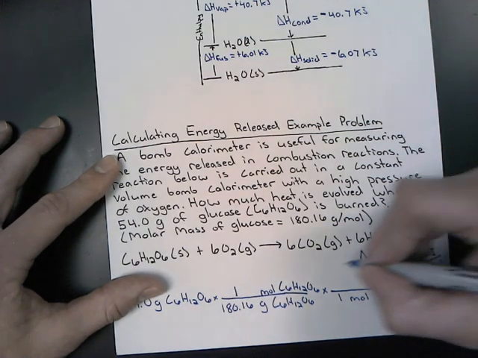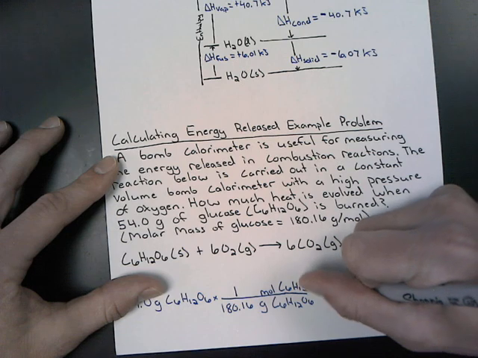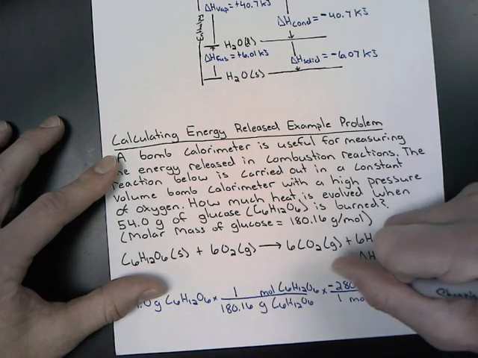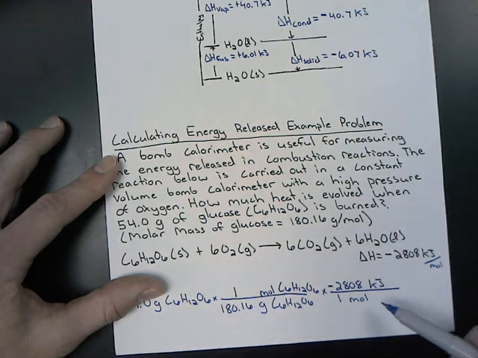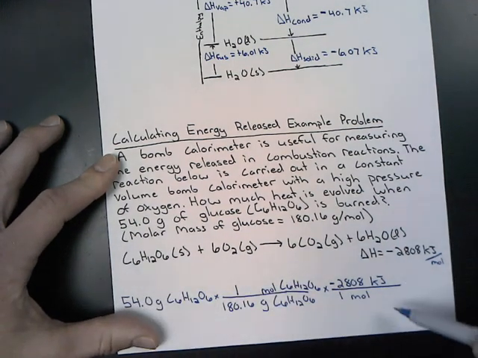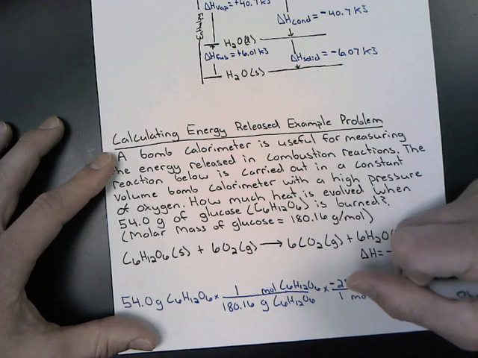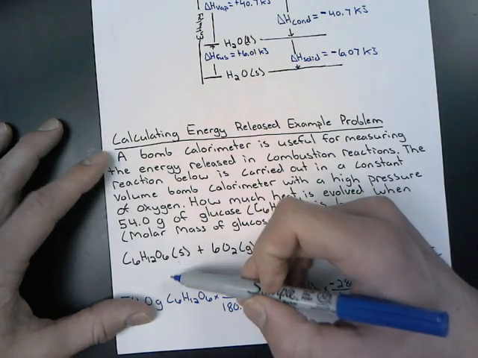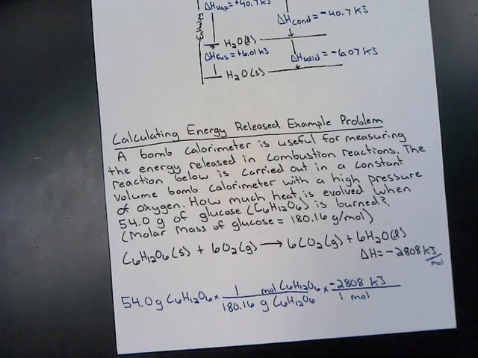So on top here, we're going to write down this negative 2,808 kilojoules. And again, that is because we had 1 mole, and I should specify we had 1 mole of this C6H12O6.